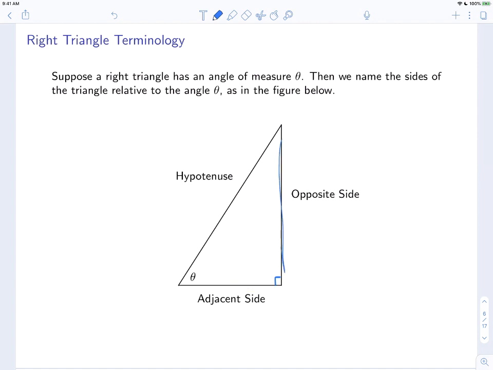The side opposite the angle theta is called the opposite side. And of course we'll call the hypotenuse. Usually we'll even abbreviate these. So the adjacent side we'll just write ADJ, opposite side we'll write OPP, and hypotenuse we'll just write HYP, just to make it a little bit easier to write it down.